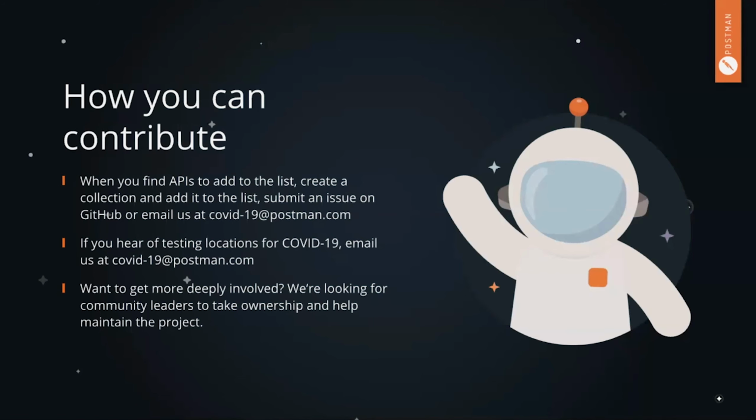But if you find a great API you'd like to add to our list of API collections, create a collection and submit an issue on GitHub, or feel free to email us at covid-19@postman.com. If you hear of any testing locations for COVID-19, also please email those in. And we're looking for community leaders to step up and get more involved with this project. If this is something that you're passionate about or feel like you have some time and energy to dedicate, we'd love to bring you on board and share the responsibility with many more of you.